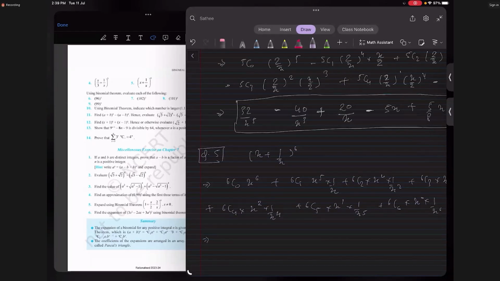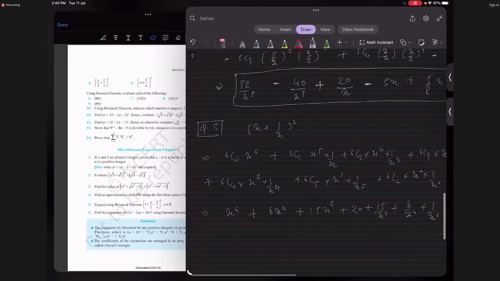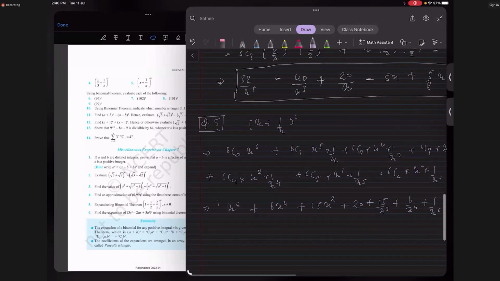So this concludes to x to the power 6 plus 6x to the power 4 plus 15x square plus 20 plus 15 by x square plus 6 by x to the power 4 plus 1 by x to the power 6. Okay. So this is the complete expression of this term.